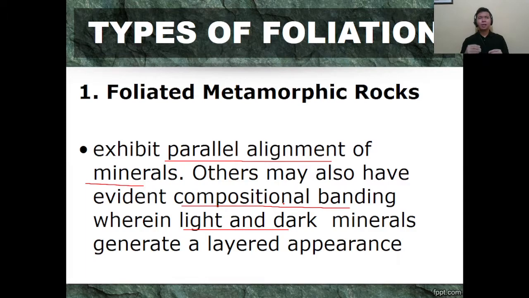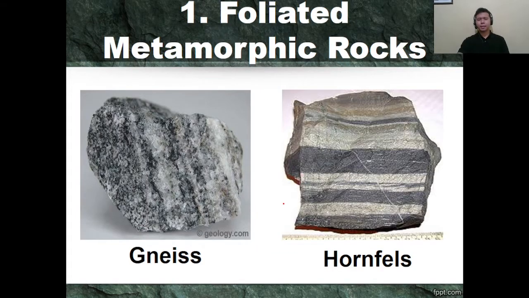It may be that they have different components involved. It may be that a darker mineral is mixed with a lighter mineral, or it may be they vary from heat and pressure, causing them to form banding, causing them to form foliation, such as gneiss.